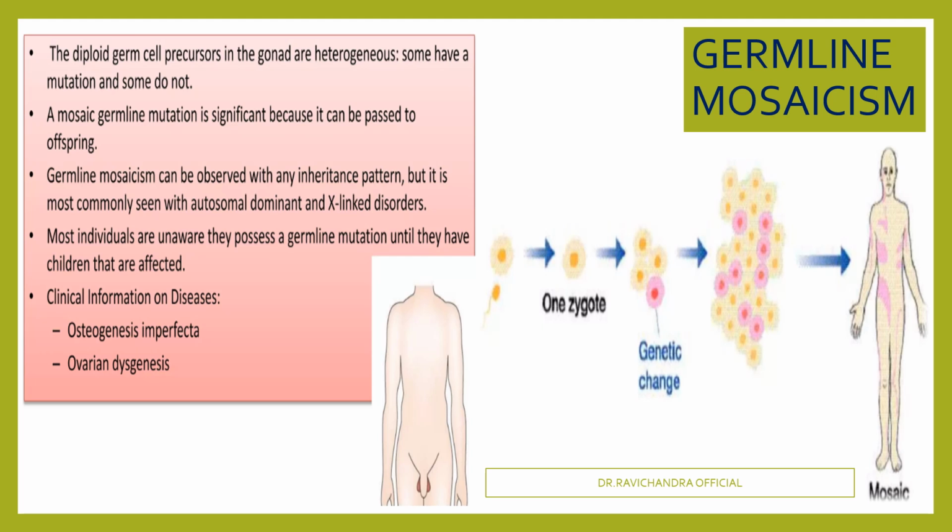Germline mosaicism can be observed with any inheritance pattern, but is most commonly seen with autosomal dominant and X-linked disorders. Most individuals are unaware they possess a germline mutation until they have children who are affected. Clinical examples of diseases which come under germline mosaicism are osteogenesis imperfecta and ovarian dysgenesis.